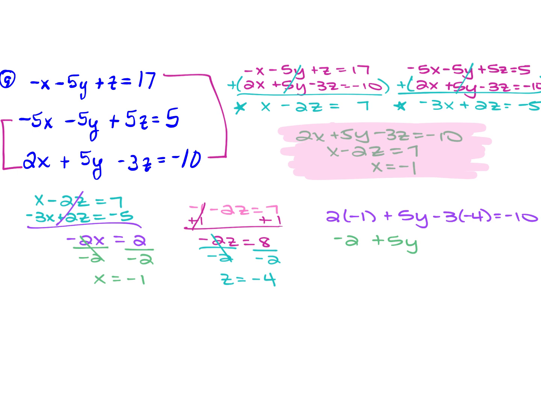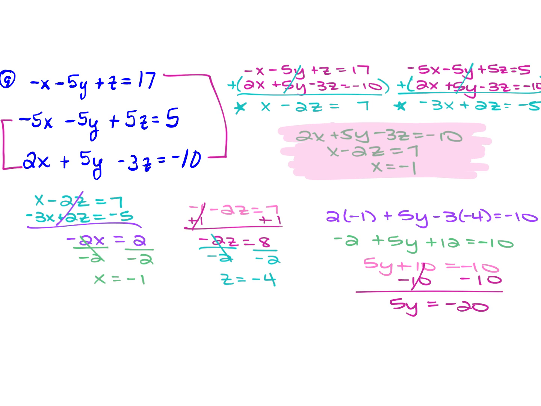Your negative 3 times negative 4 is positive 12. Negative 2 plus 12 gives you 10, so 5y plus 10 is equal to negative 10. Subtract your 10 over. That's 5y is equal to negative 20. Divide by 5, and y is negative 4.